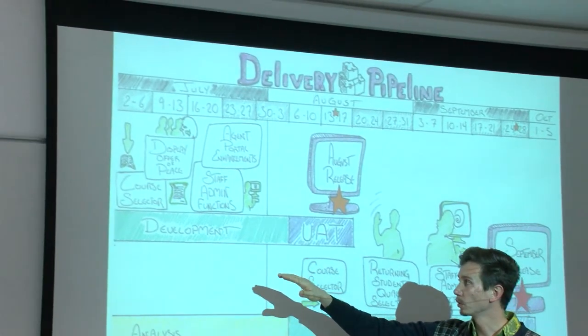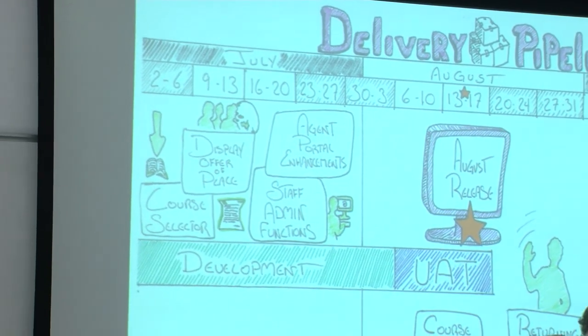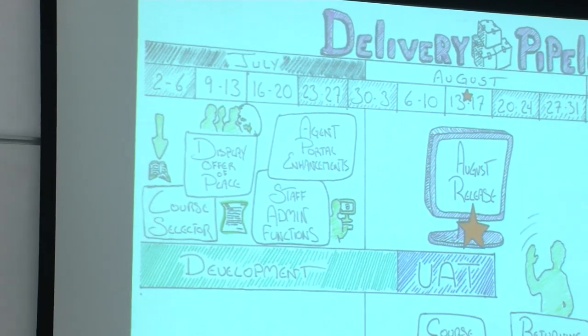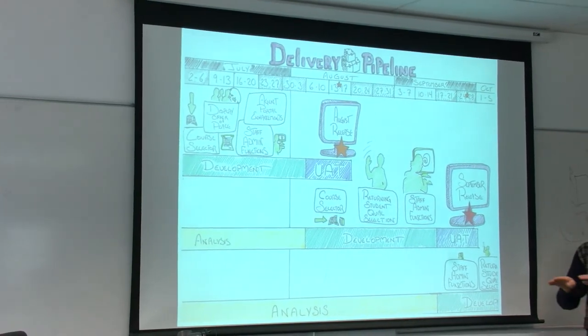And the way we work is we have parallel streams of delivery that overlap each other, kind of like a conveyor belt.